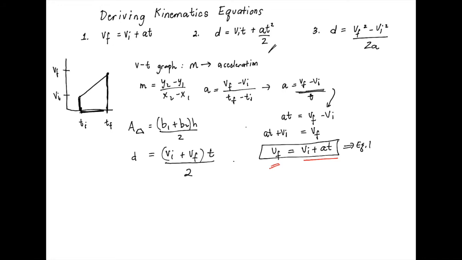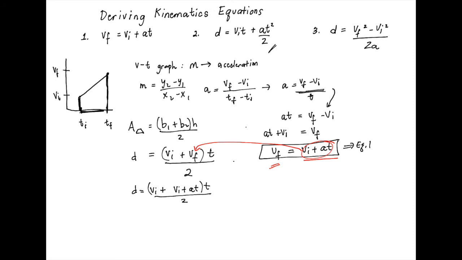Now I will replace this Vf with Vi plus At. Rewriting my equation, d equals Vi plus Vi plus At times t divided by 2.